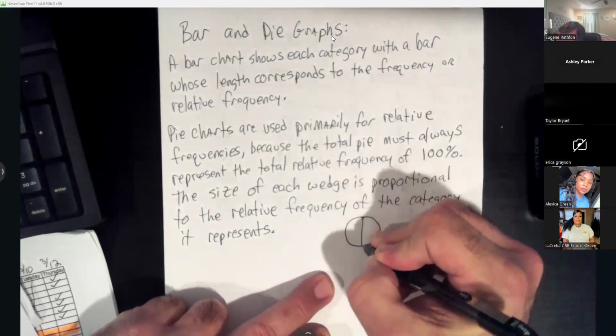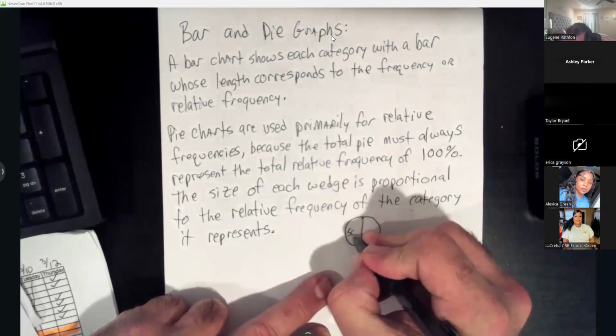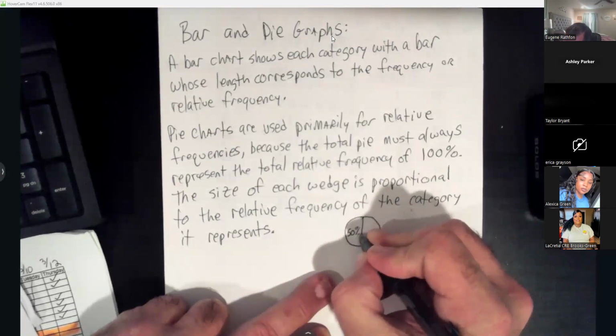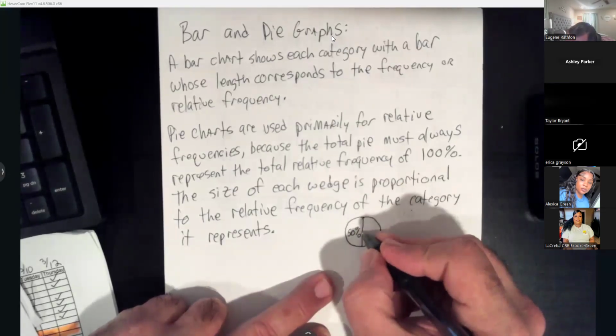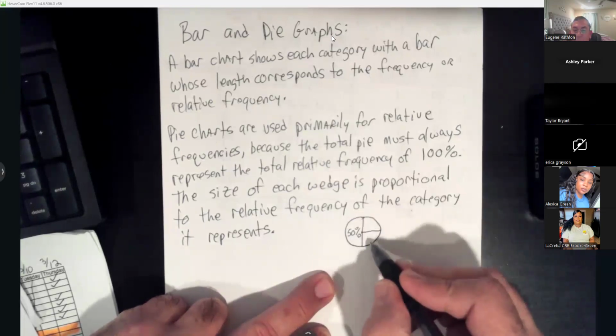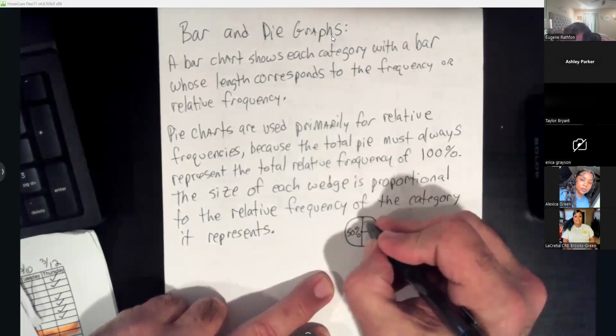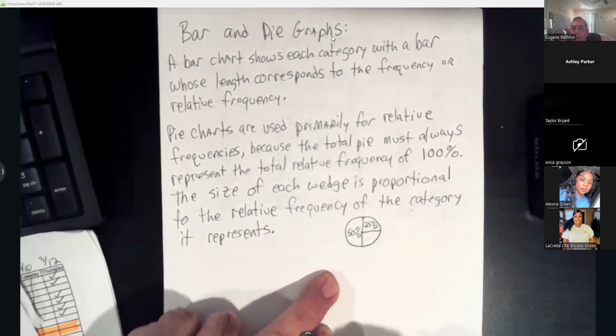So if I was to half it, each half would be 50%. If you take a half and half it, each of these pieces would be 25%. Okay?